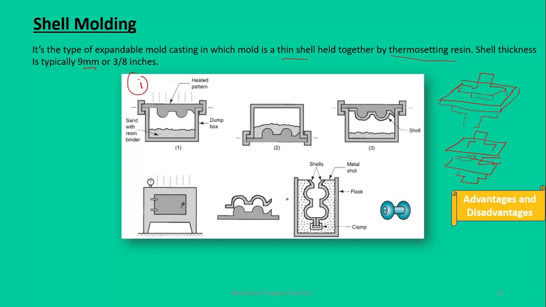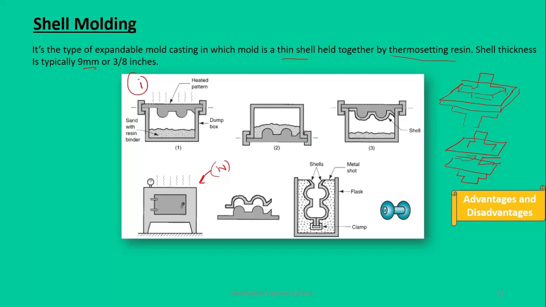The sand shell is heated in the oven for several minutes to complete the curing. Once it is heated for a few minutes so that it becomes hard, it is taken out of the oven and the shell is stripped from the pattern surface.